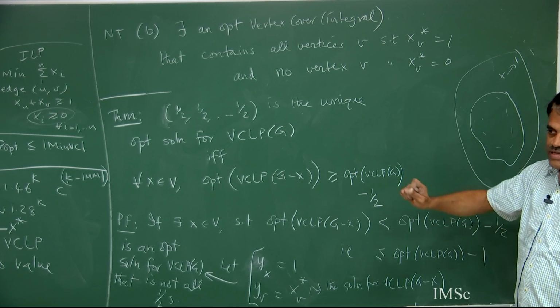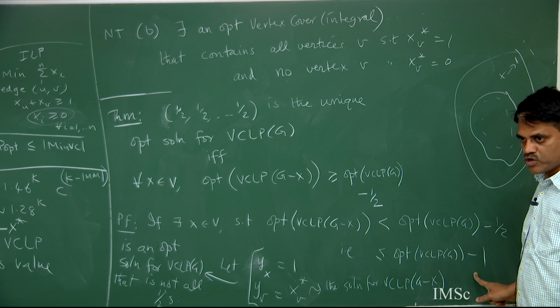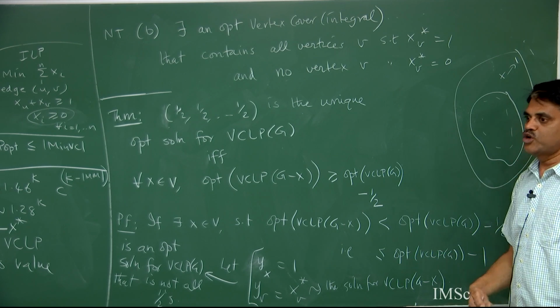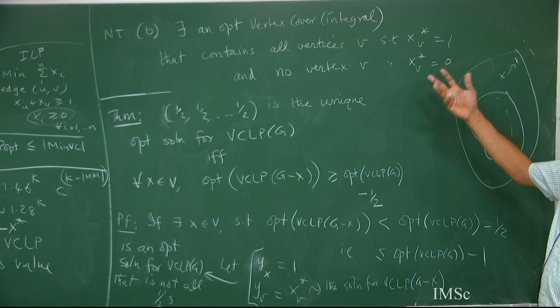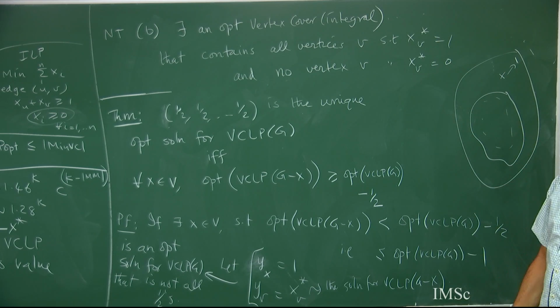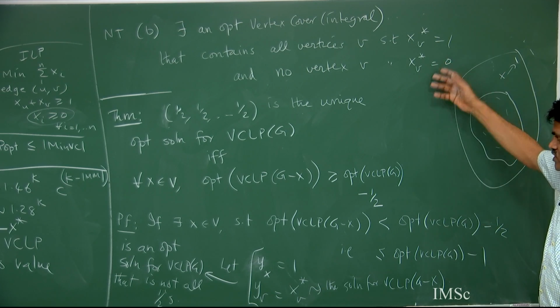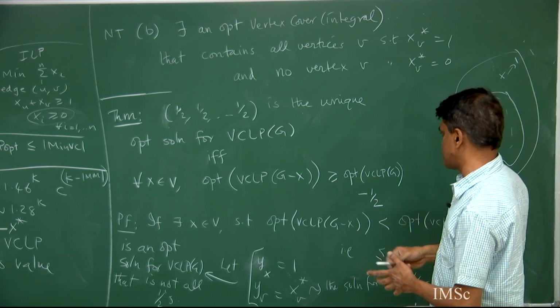If for any x the LP value drops less than or equal to this, then I have another handle to pre-process now, because I have another solution to the original LP which is not all half, then I can do this pre-processing again, right. So, I keep doing this pre-processing until for every x in V I have this situation, okay.